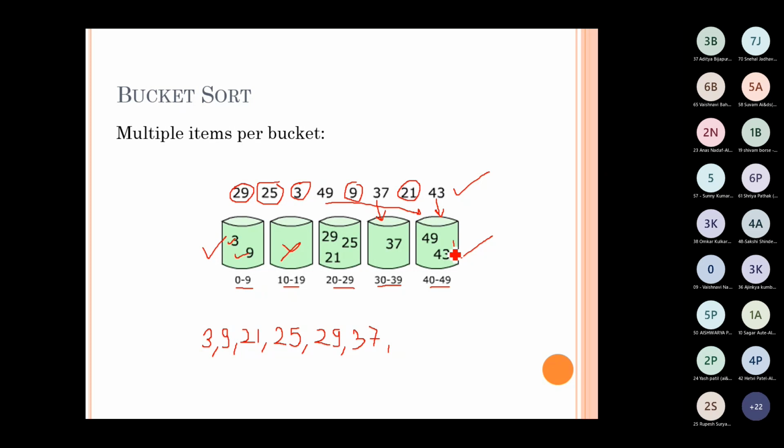Again the last bucket is already sorted, and that sorted content we will be concatenating with the previous concatenation result. So in this way, what we have got is the sorted result of this particular input. This is unsorted data and this is the sorted data.